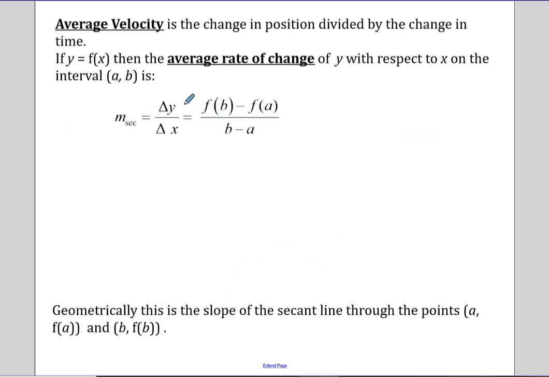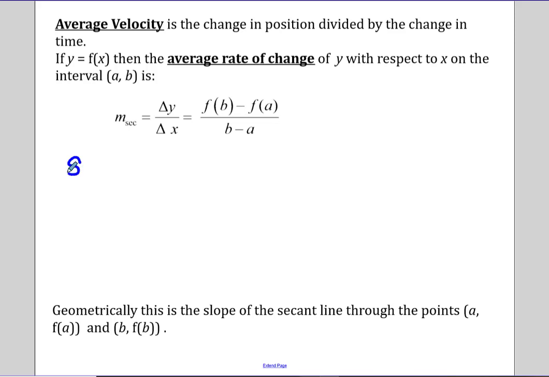So average velocity was defined as the slope of the secant line, the change of y over the change of x, or using our slope formula, what we call the average velocity. We've already seen geometrically what it looked like, but let's think about this.